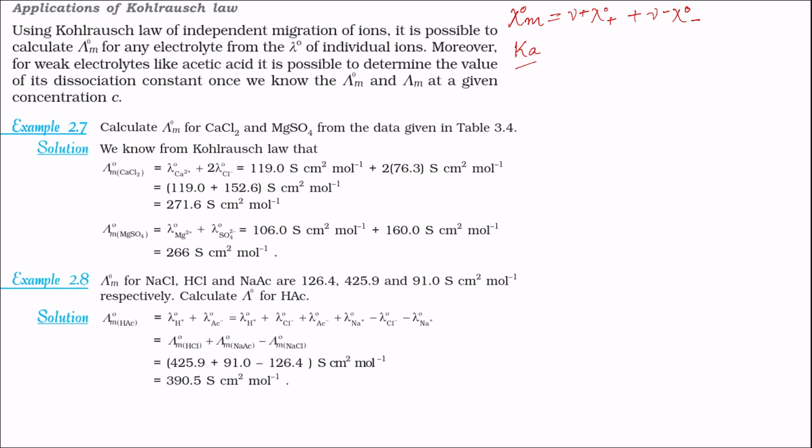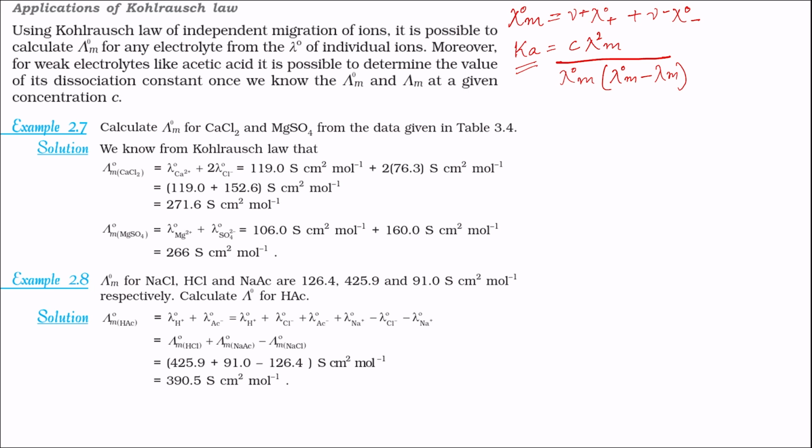This is the dissociation constant of weak electrolyte, and this is equal to concentration of the weak electrolyte multiplied by square of its molar conductivity divided by limiting molar conductivity multiplied by, in brackets, limiting molar conductivity minus molar conductivity. Using this formula, dissociation constant of weak electrolytes can be obtained. So these are the two applications of Kohlrausch law.